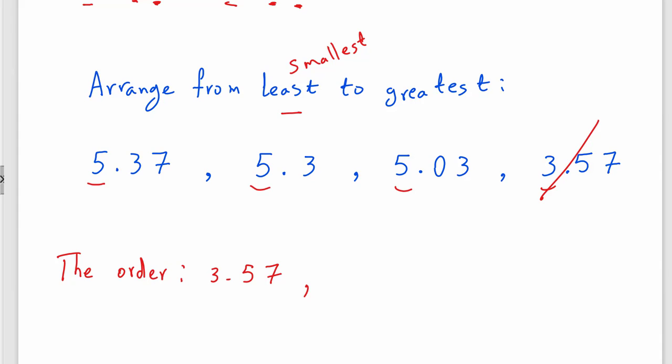Then we move to these 3 numbers, compare these 3 only. So we have 5, 5, 5 as a whole number. They are the same. We need to move to the next step, and for this case I like to do an extra step here, because I see that here I have only 1 digit to the right of the point, but here I see 2 digits, and here I see 2 digits.